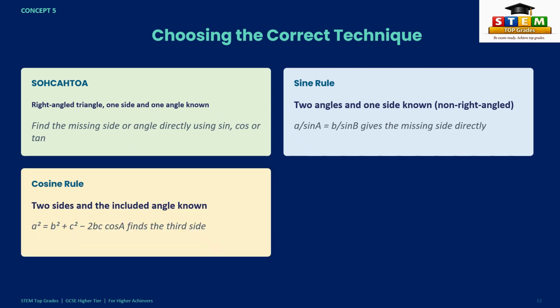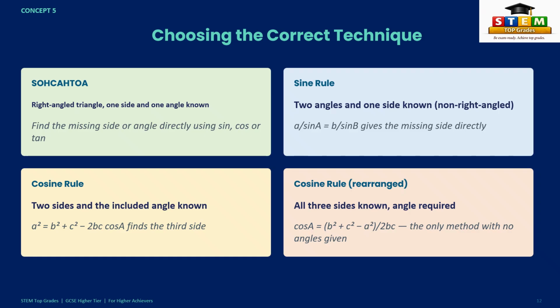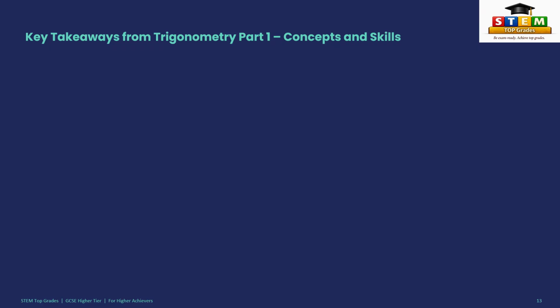We also learned about the cosine rule, where you have two sides and one included angle. This is the formula: a squared is equal to b squared plus c squared minus 2bc cos A. Finally, the cosine rule can be rearranged, and I've shown you also how to work out the angle if all the sides are given.